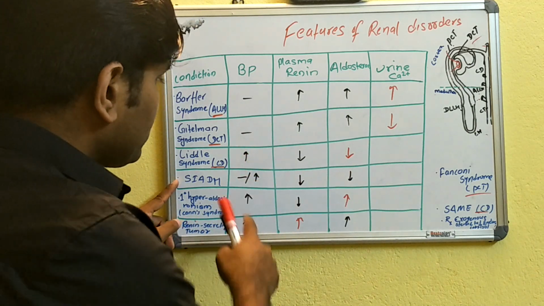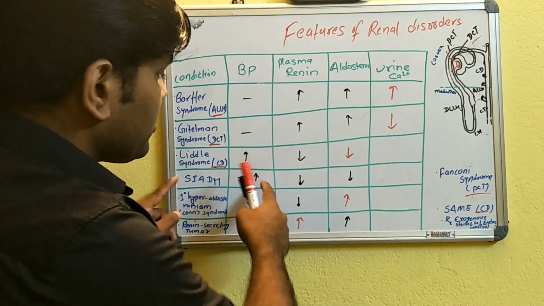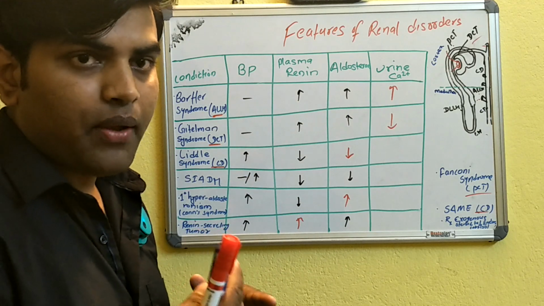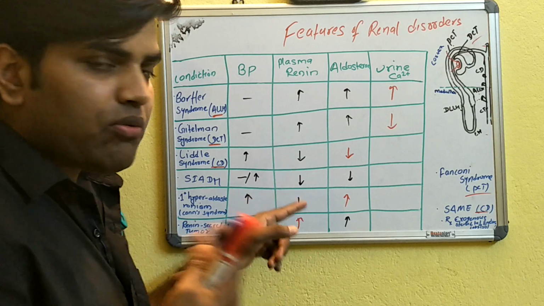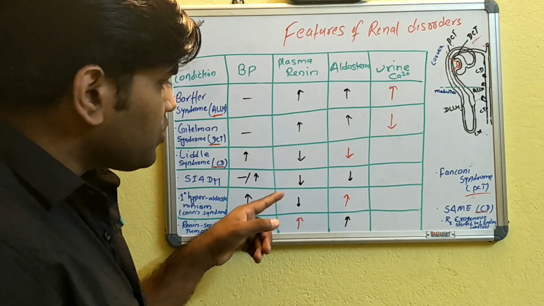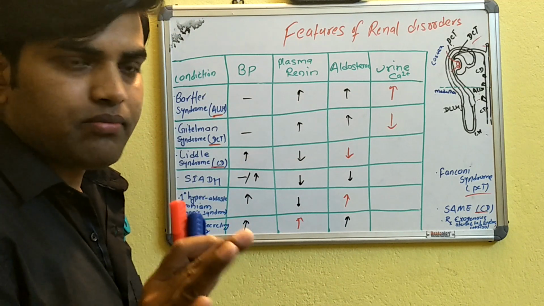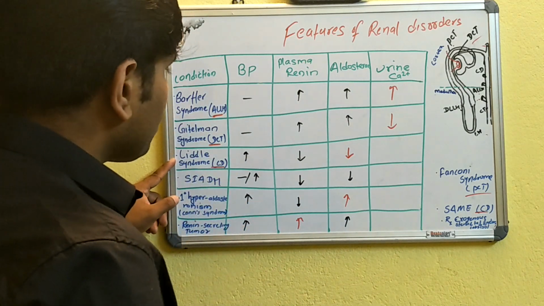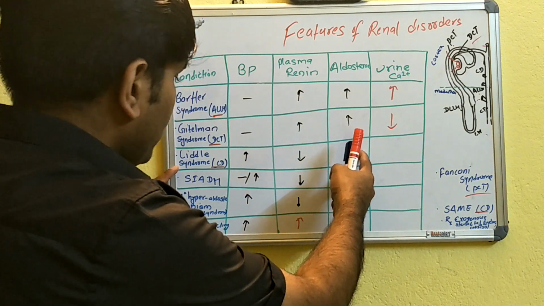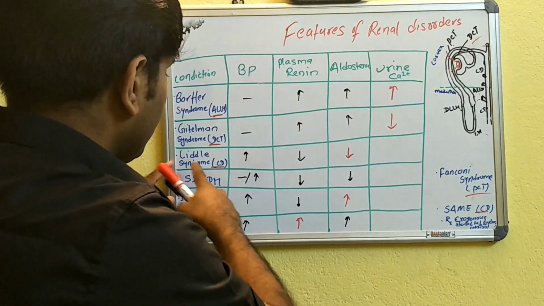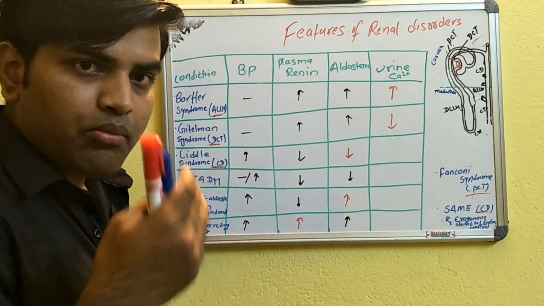When we talked about SIADH, the syndrome of inappropriate ADH secretion, since there is more ADH in your body, more water is absorbed, so you have no problem with your volume issue. So your feedback on aldosterone and renin will be actually low only. Okay. When you talk about Liddle syndrome, aldosterone is low. Liddle syndrome is an absorptive defect, where the sodium channel is actually mutated.